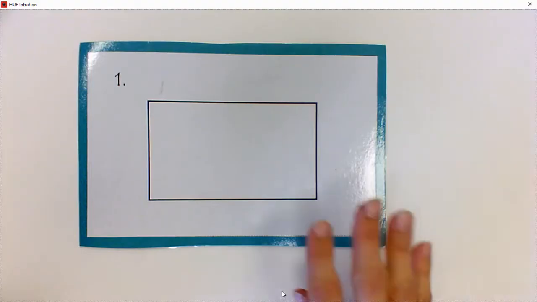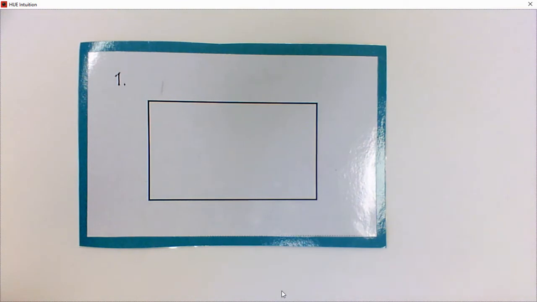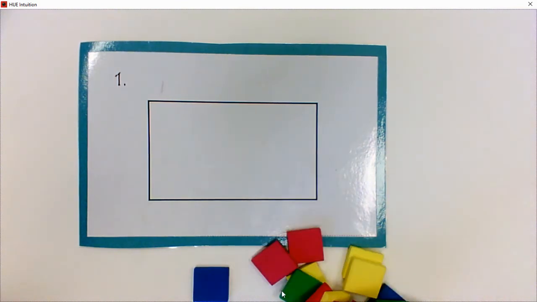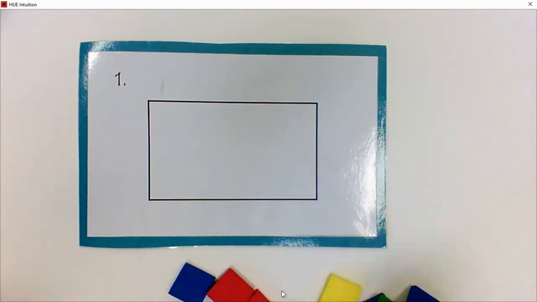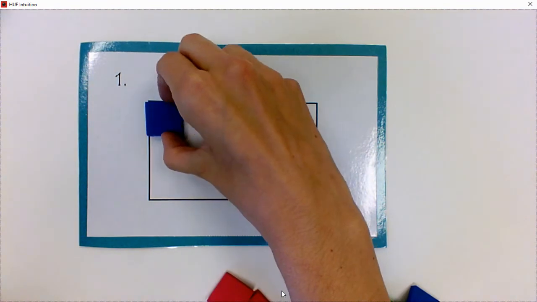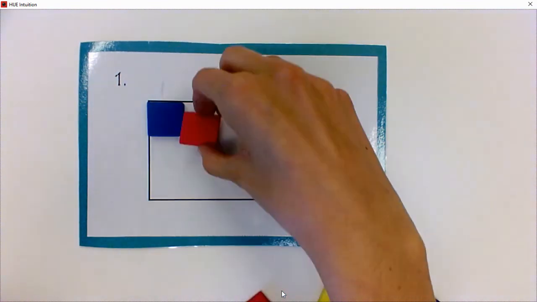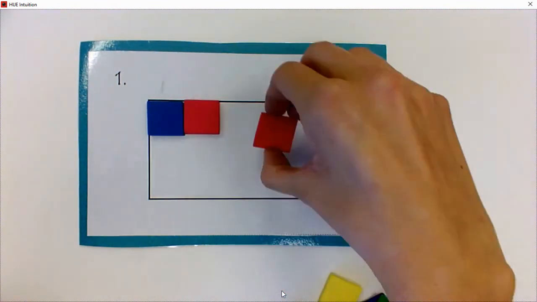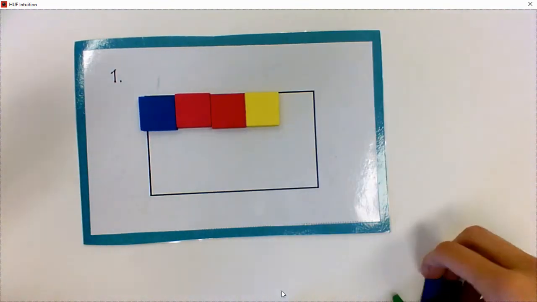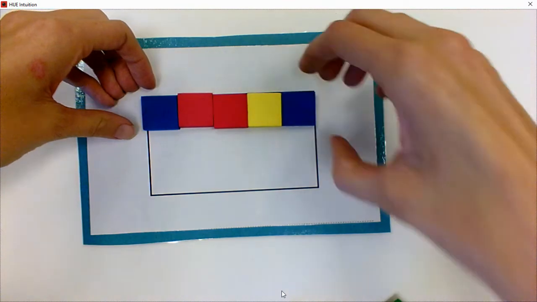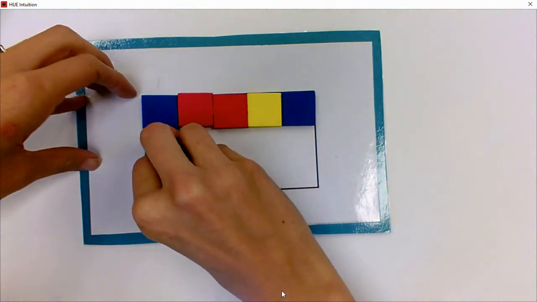Here I have a rectangle. I'm going to use square tiles to model finding the area and perimeter of this shape. I'm going to start by filling in the shape with square tiles like this. I'm going to see how many square tiles I can fit to fill this entire shape.